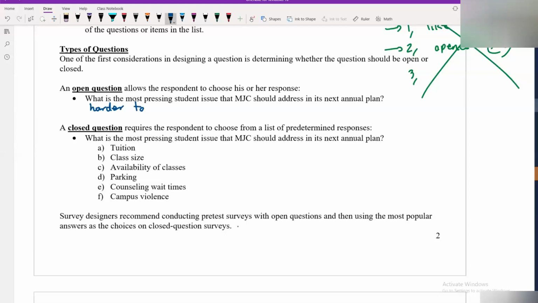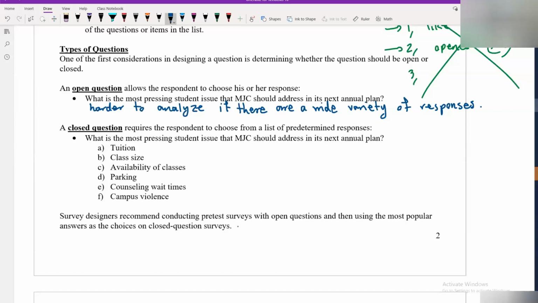It's easy for individuals to answer, but harder to analyze if we had different responses.